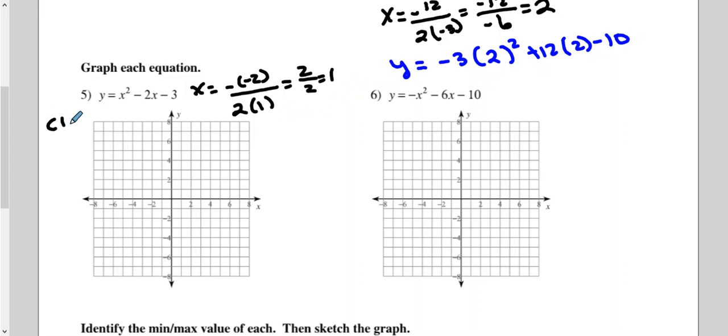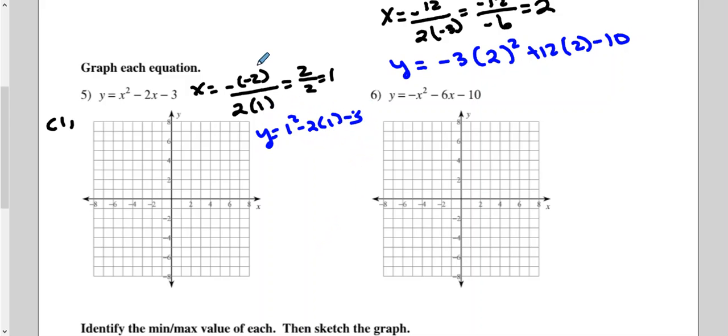I'll write it here. And then let me find the y-coordinate. So y would end up being 1 squared minus 2 times 1 minus 3, which is equal to, let's see, 1 minus 2 is negative 1.